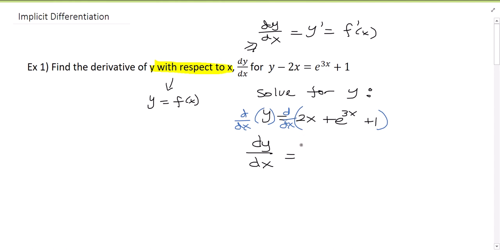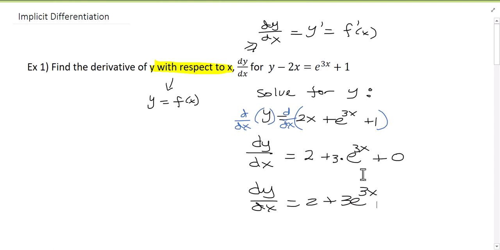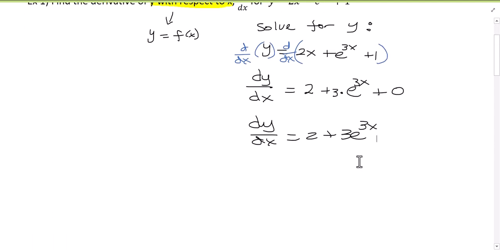So the derivative of 2x is just 2. The derivative of e to the 3x is e to the 3x, right? We always get the exponential back times the derivative of the exponent. So times 3, and the derivative of a constant by itself is 0. So I will have my dy dx, then it's just 2 plus 3e to the 3x. And that will be our derivative.